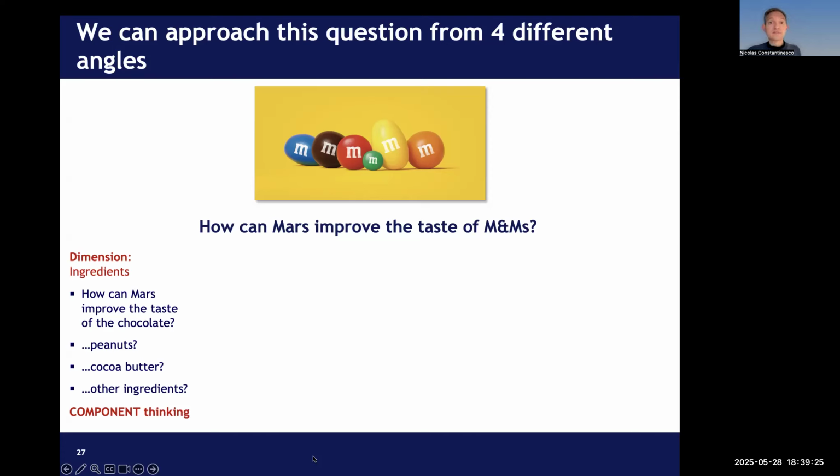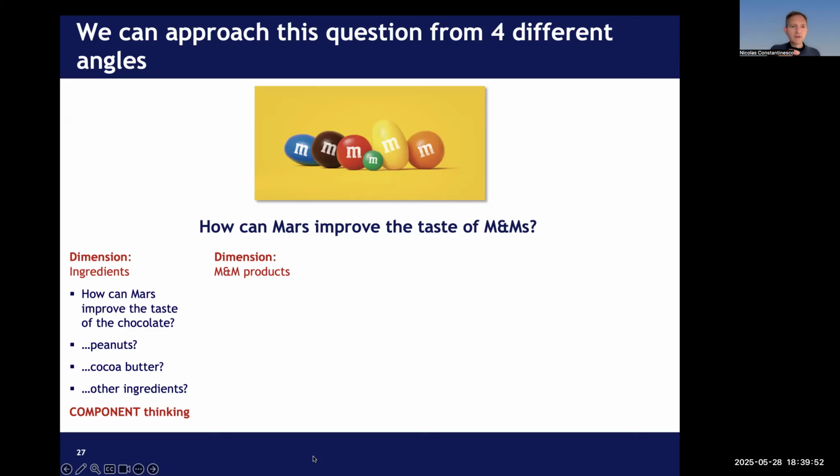All right, second way of looking at the problem. The dimension here is going to be the M&M products. As you know, you can buy the brown bag of M&Ms, you can buy the yellow bag of M&Ms, you can buy the blue bag of M&Ms. I think at Christmas you can buy a red bag of M&Ms.